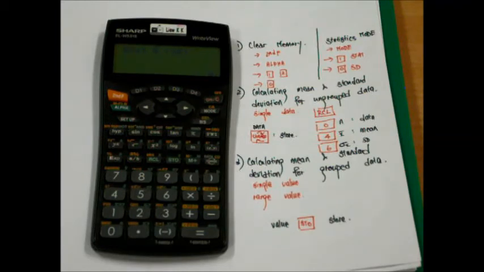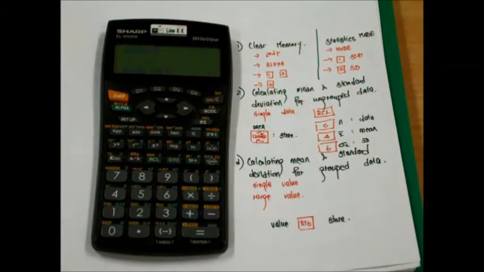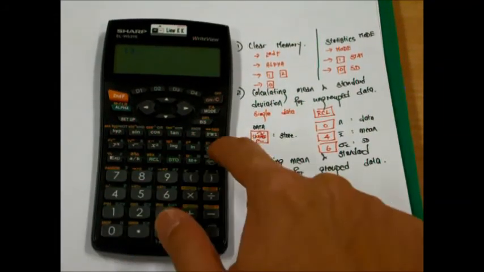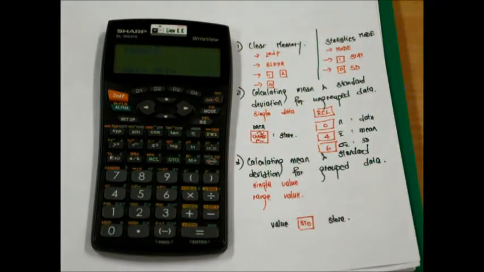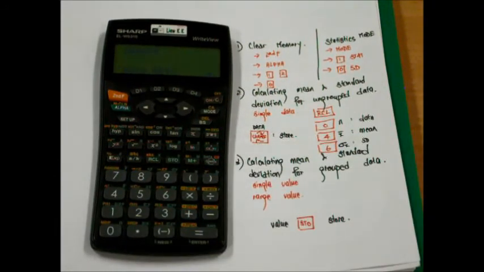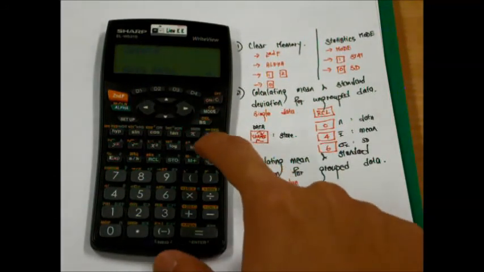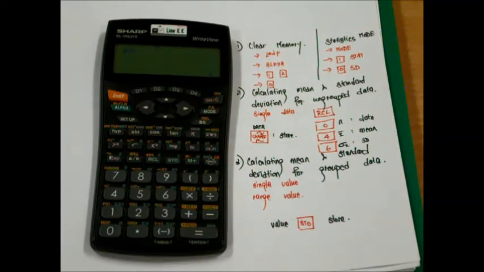There are a total of 4 values. First, 12. Store. 14. Store. 19. Store. 20. Store. Very good. Always check how many values you have keyed in. Recall 0. There are a total of 4 values.